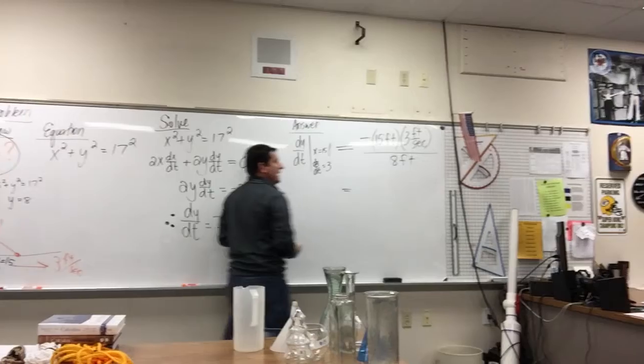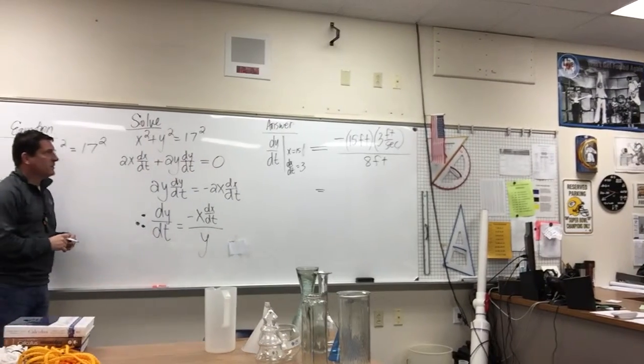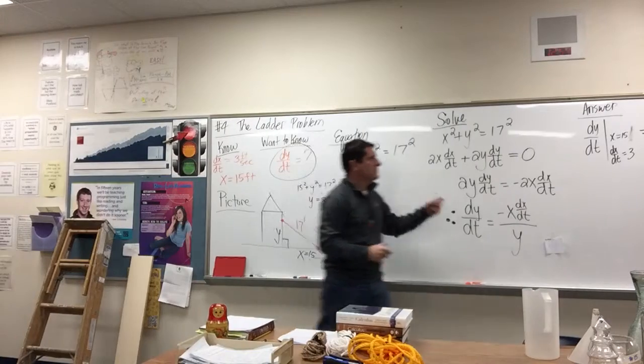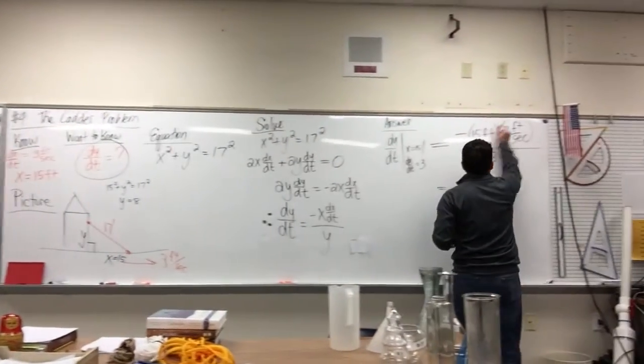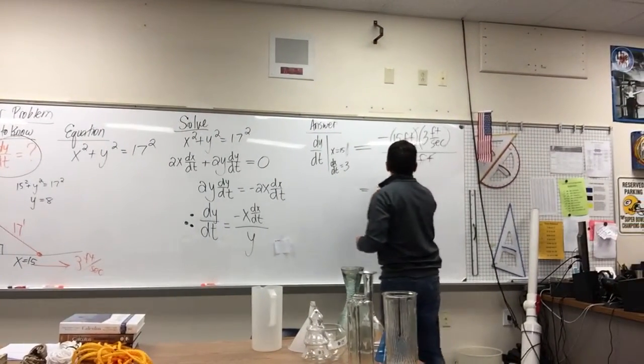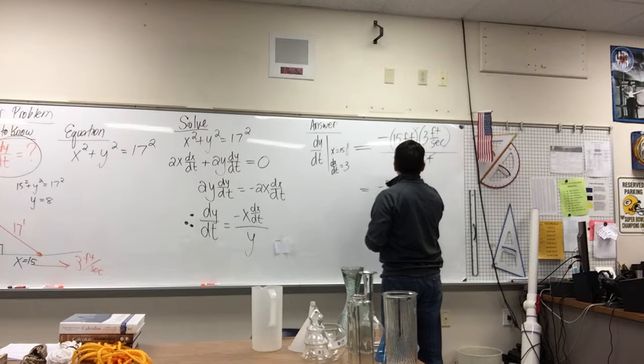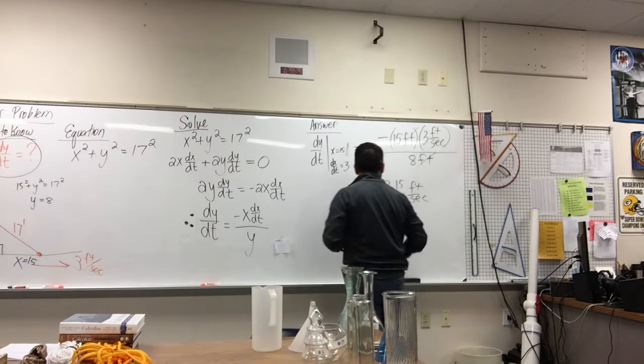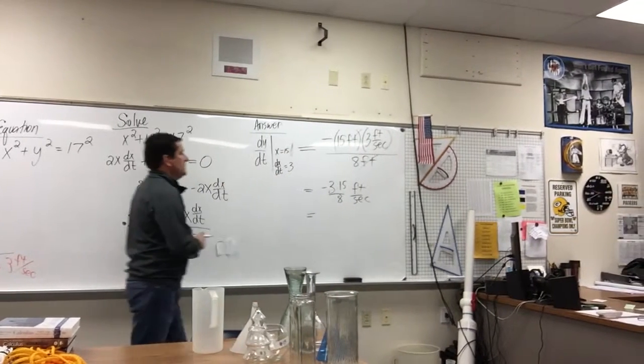So, notice what happens here with the units. The feet cancel. So when the feet cancel, we get negative 3 times 15 divided by 8 feet per second. And what is that?